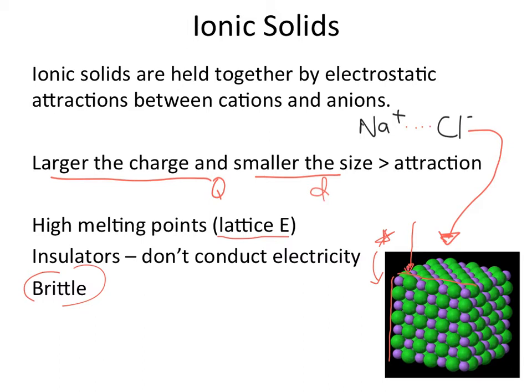onto one of these rows and basically cause all of these atoms to shift down, okay, one position, what would end up happening is I would have a green green, okay, and then maybe a purple purple, okay, and then green green interacting.